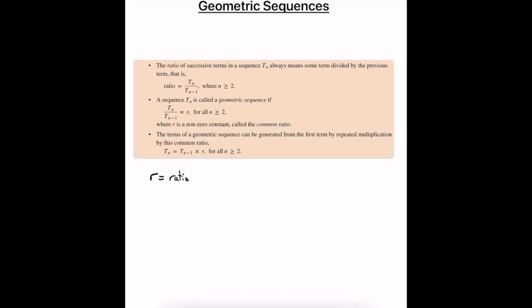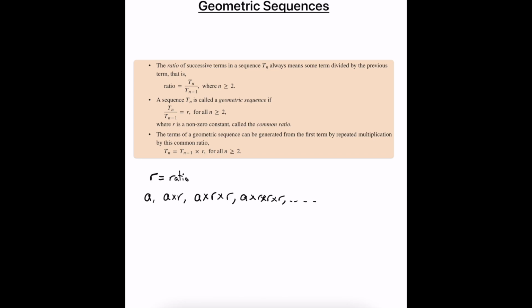Now, how we define a geometric sequence is that we have an initial term A, and the second term will be A times R. The third term would be A times R again. Fourth term will be times another R, and so on and so forth.